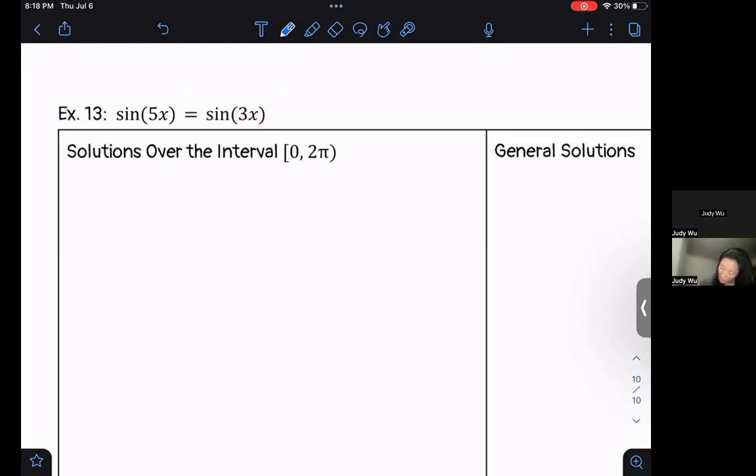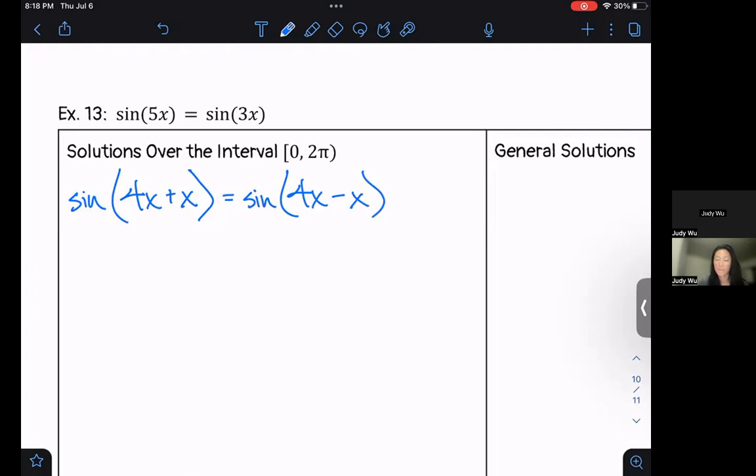I can actually write this as sine of 4x plus x, right? 5x is 4x plus x equals sine of, check this out. I'm going to make 3 out of 4 and 1 for x minus x.